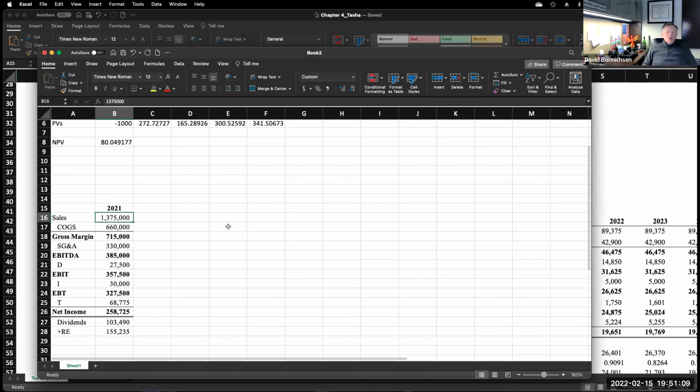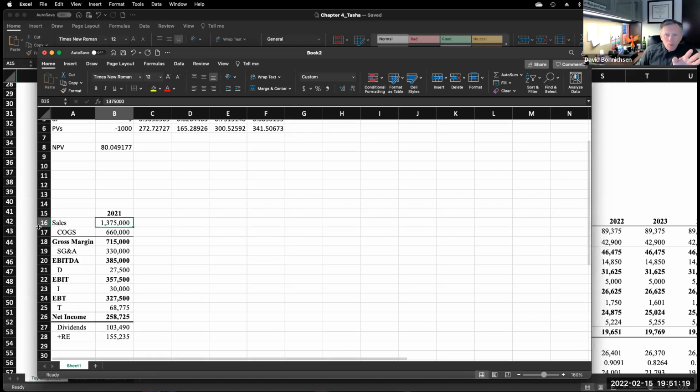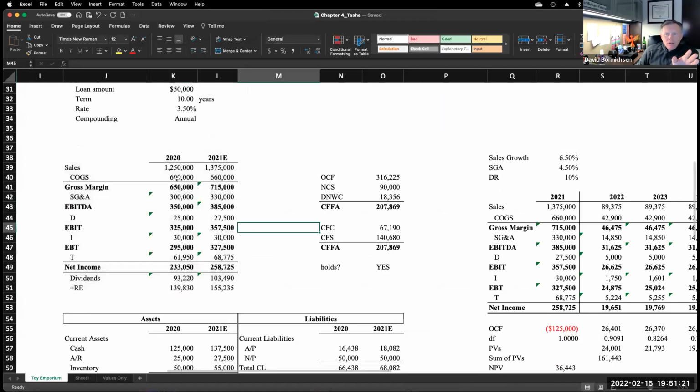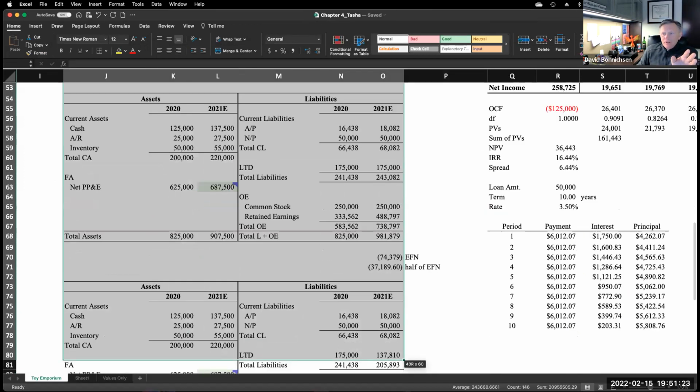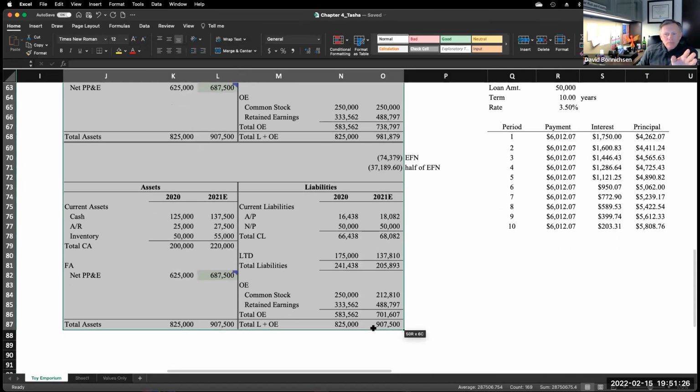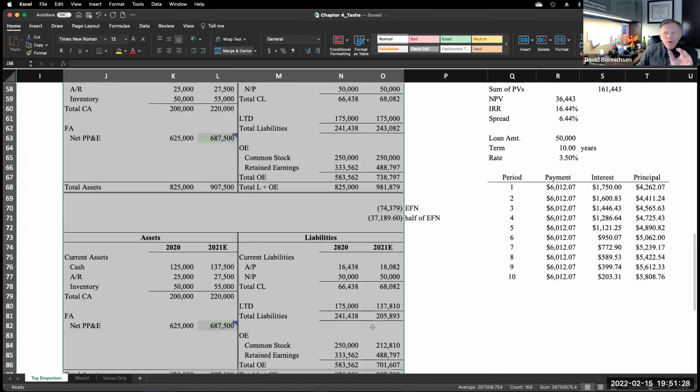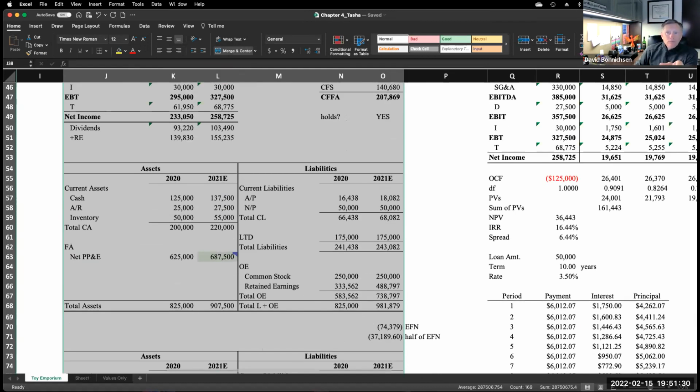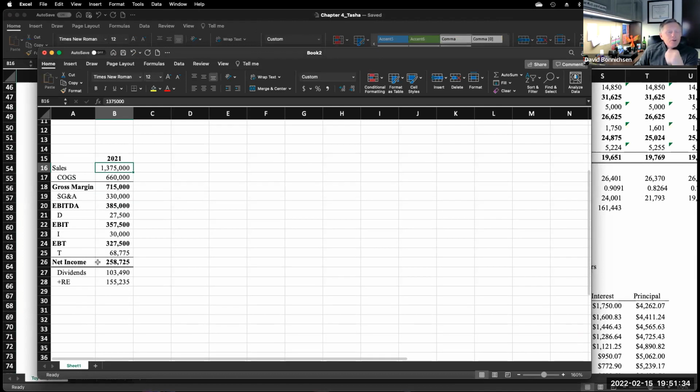Okay, so what we're working on now is kind of the second deliverable for the midterm. Okay, once all of you guys submit this data for the first part of the deliverable, I'm going to give you this starting point.